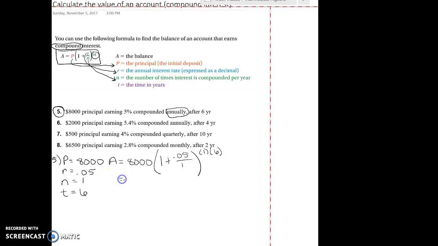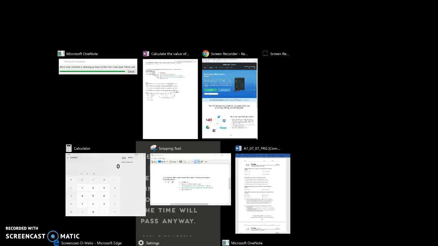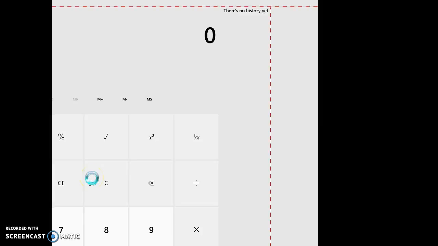So if I wanted to rewrite this a little bit nicer, I'm going to have 8,000 times 1 plus 0.05 over 1, which is going to turn into 1.05. And then N and T, 1 times 6, this is going to be raised to the 6th power. So when we're putting this in our calculator, we'll take 1.05 to the 6th power and then multiply it by 8,000.